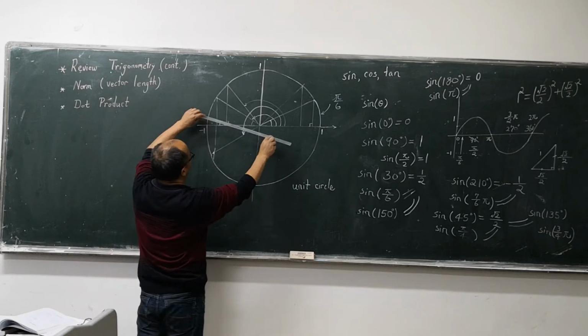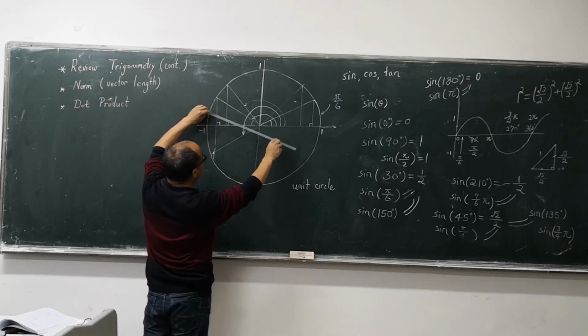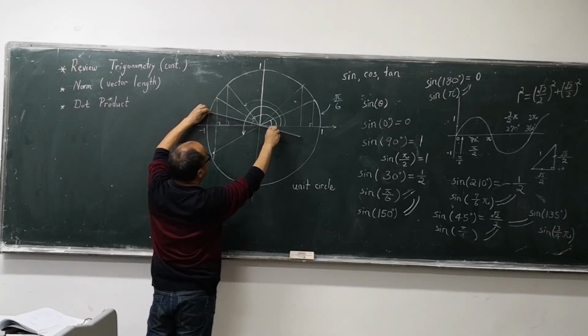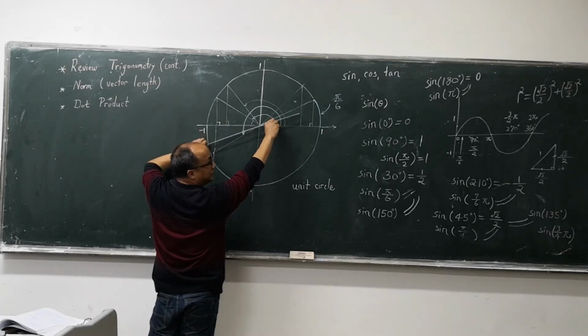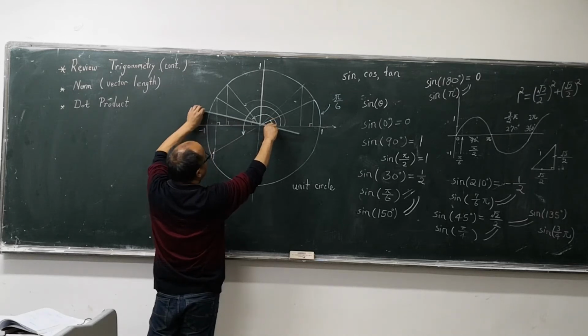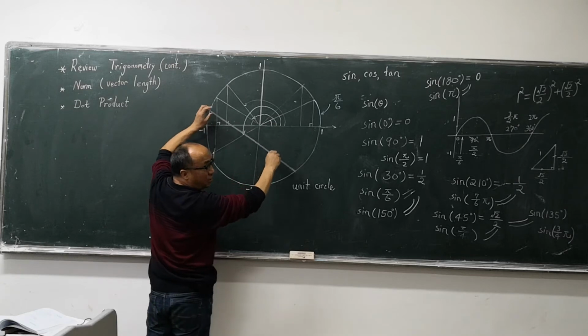Let's say 170 degrees here, so it's 10 less than 180. And 190 degrees here. Their values are the same but opposite.